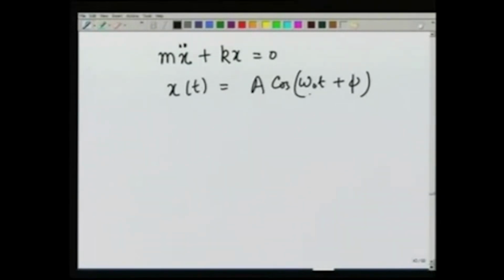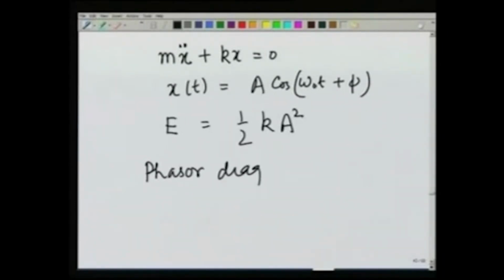The particle, or the system which has this kind of motion, goes back and forth about an equilibrium point. The energy of the system is 1/2 k a square, and the motion can be described by a phasor diagram, which we will be using later in our analysis.